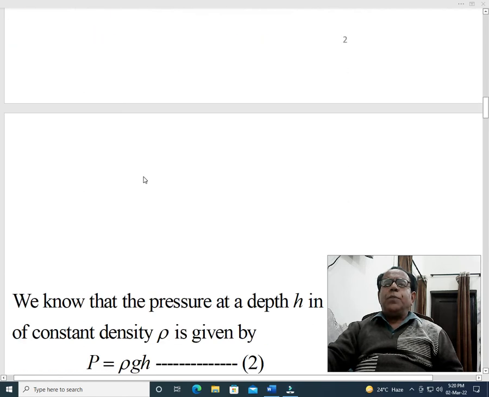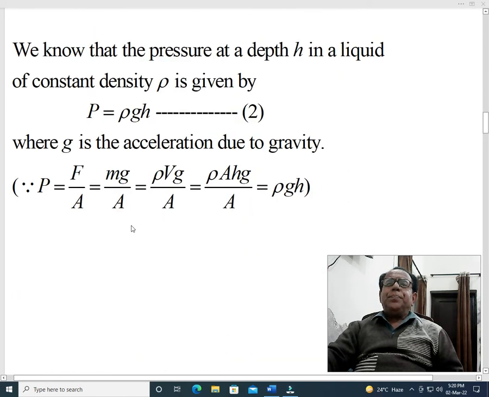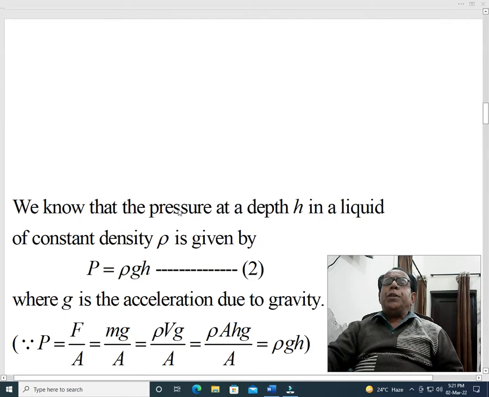Here we have not disturbed g over A. We have simply put the value of m equal to rho into volume.